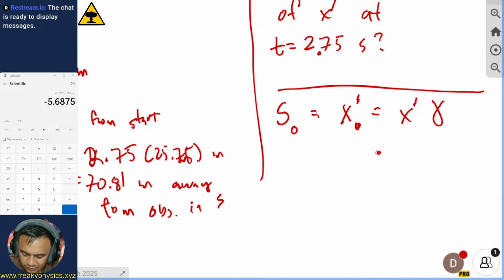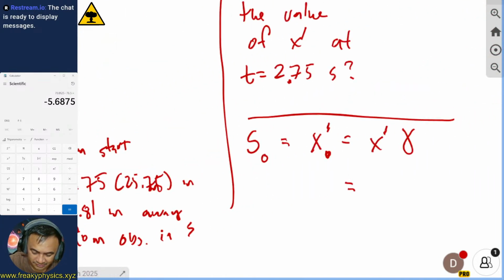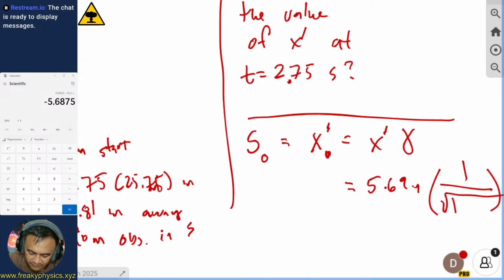Because this is not a relativistic speed, it's a very small speed, it will be approximately equal to x0 prime. Our x prime is 5.69 meters. Our gamma is 1 over the square root of 1 minus, what's the speed of the van?